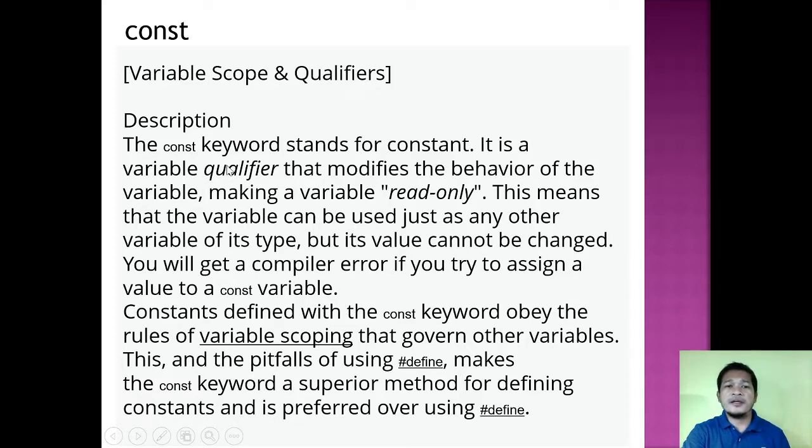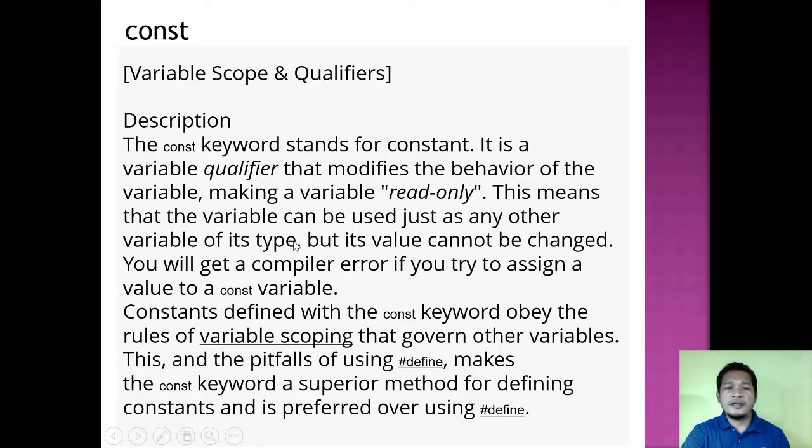It is a variable qualifier that modifies the behavior of the variable. For example, const x, or const a, or you can name it const anything. This qualifies it as a constant, and you declare your variable this way, making a variable read-only. When it is read-only, it cannot be changed during runtime.